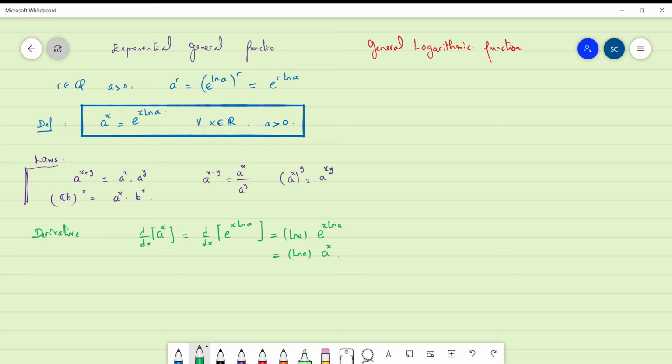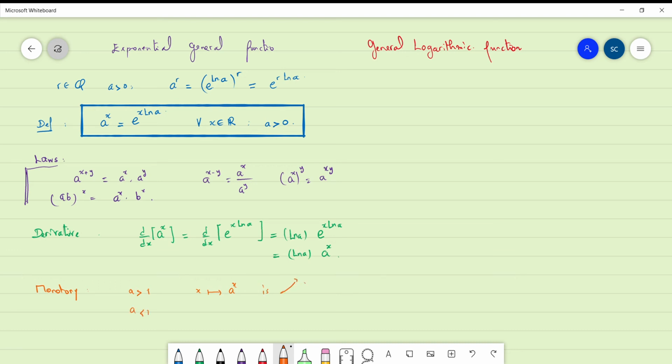A factor of ln a appears, and then we can deduce the monotony. a^x is always positive, but depending on the sign of ln a, which is positive if a is greater than 1, for a greater than 1 the general exponential function is strictly increasing.